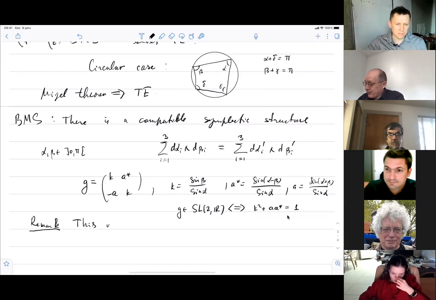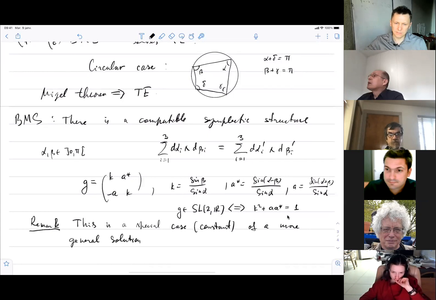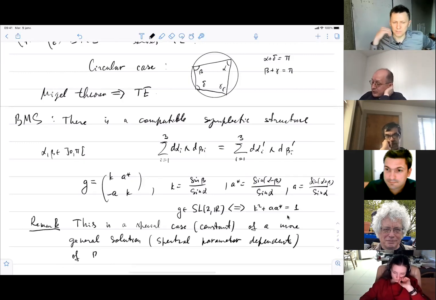This is a special case, let me call it a constant case, of a more general solution which is spectral parameter dependent, of Bazhanov-Sergeev.